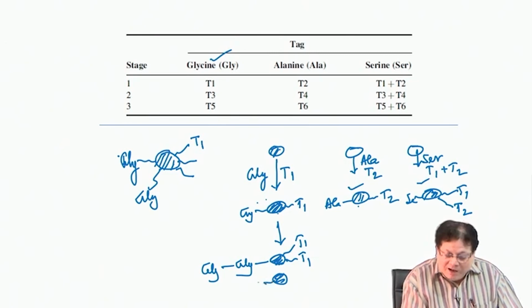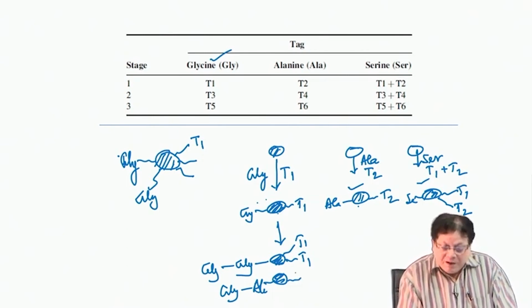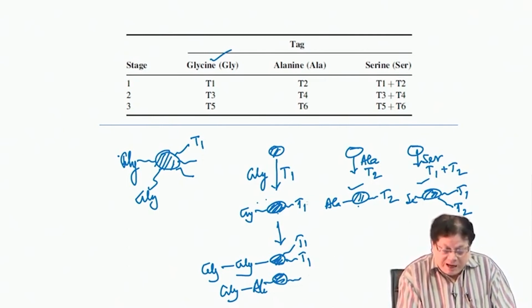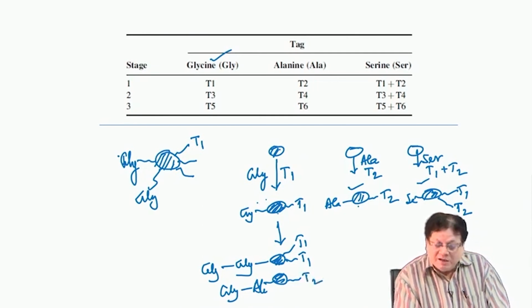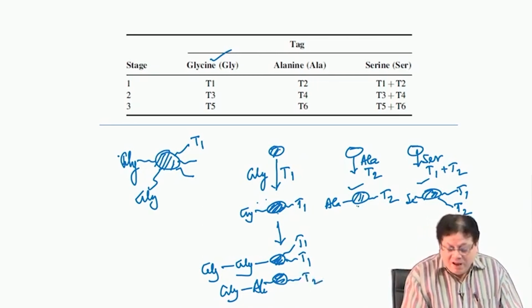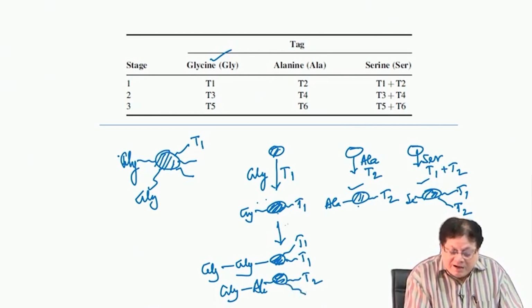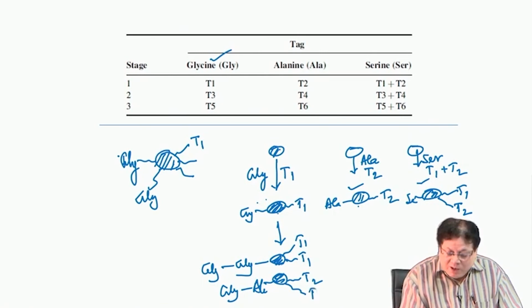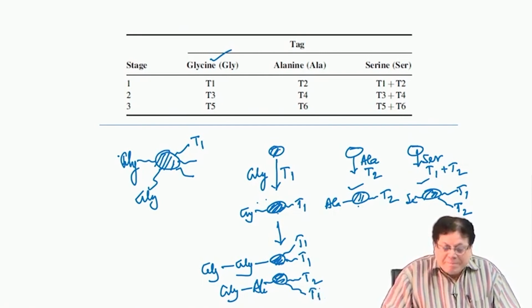So, I will have alanine here and this alanine will be attached to glycine, but because T2 is already attached to the alanine bead, and whenever I add glycine I add T1, that will have T2 and T1.